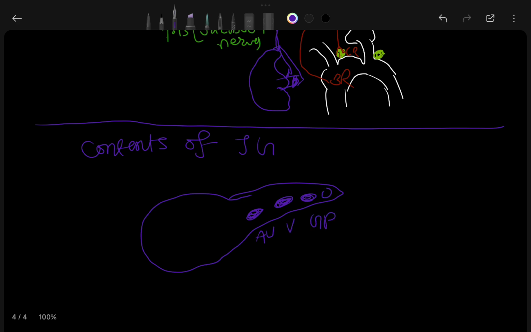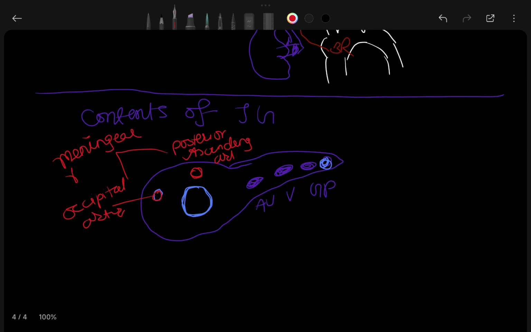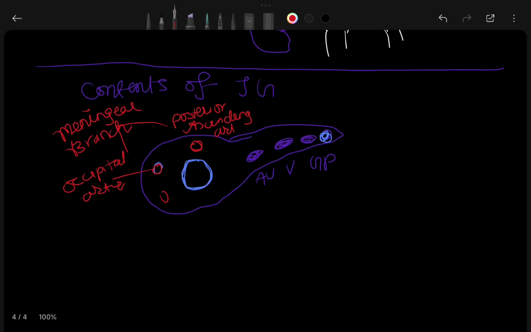Another part is the inferior petrosal sinus, and then there is the internal jugular vein, the ascending pharyngeal artery, and the occipital artery, which are both meningeal branches. Then there are two emissary veins.